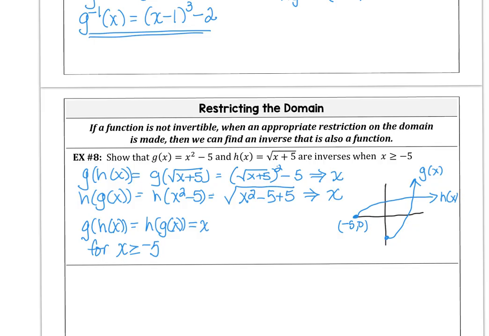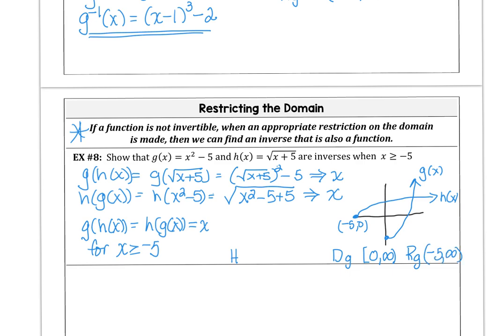So you can see by restricting the domain, which is this little definition here, if we restrict the domain of g to only go from 0 to infinity, then h has a domain of -5 to infinity, which is the range of g, -5 to infinity.